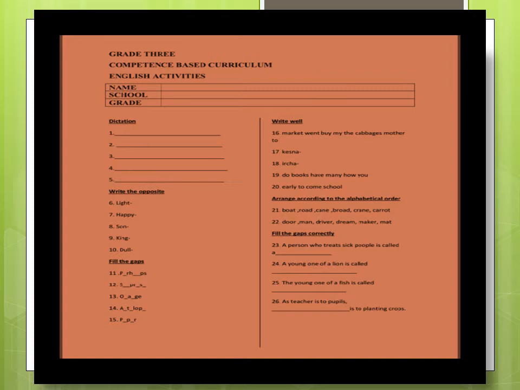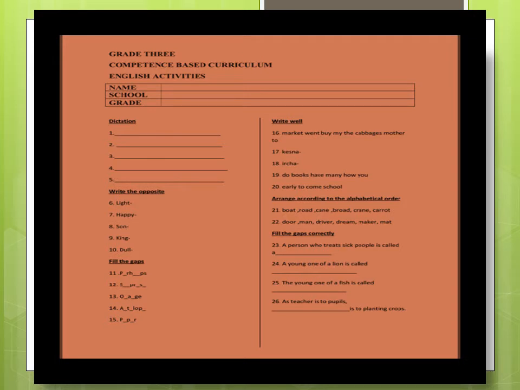Arrange according to alphabetical order. When you're arranging words according to alphabetical order, you follow how the letters follow each other alphabetically, A, B, C, D, like that to Z. So we have bot, rod, cane, broad, crane, carrot.